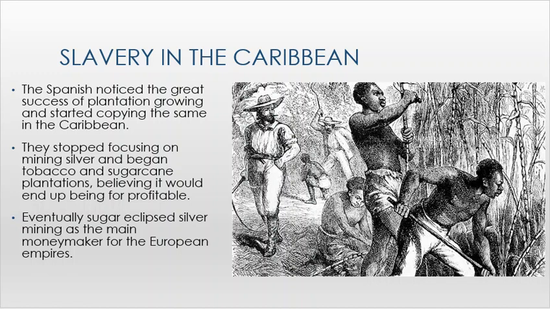Instead of mining silver and trying to get precious metals to be sold later in China for Chinese goods, they're going to start copying what Brazil is doing. They're going to stop focusing on mining silver and go to tobacco and sugarcane plantations. Eventually sugar is going to start eclipsing silver mining as the main moneymaker in European empires.